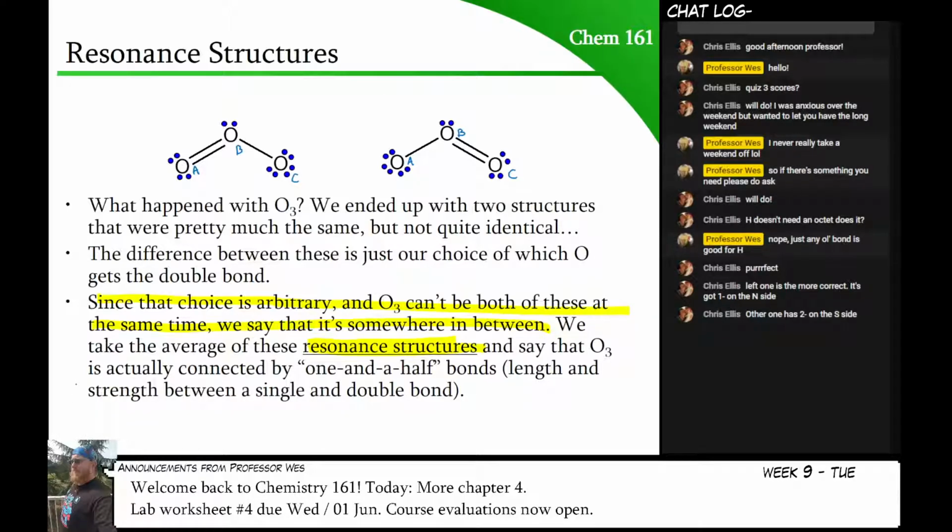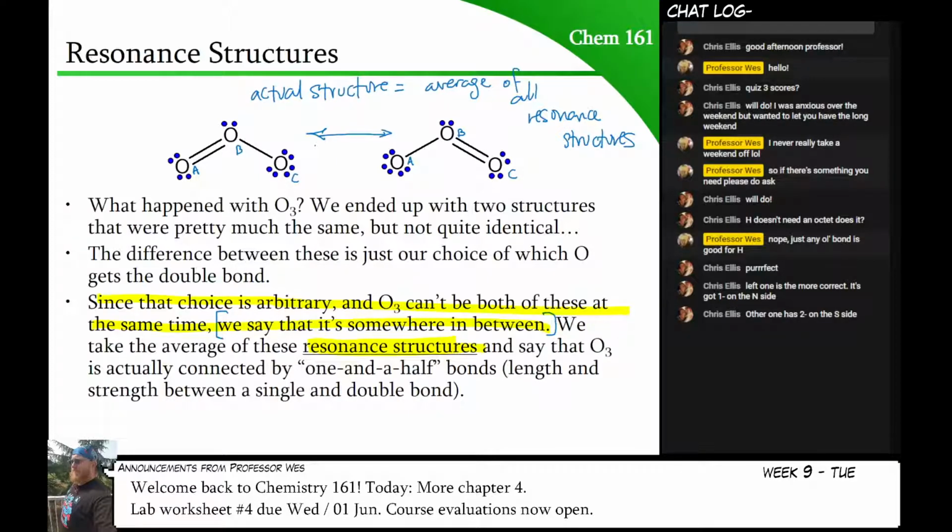And then the second thing, which is really creepy, the actual structure is the average of all the resonance structures. And we draw a little double-headed arrow between resonance structures to indicate that they are resonance structures.